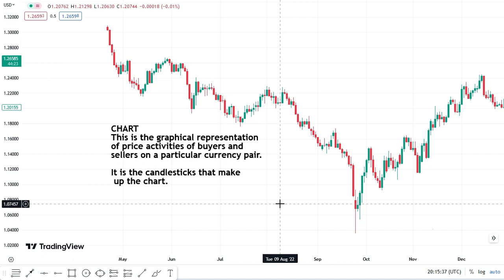When buyers and sellers are in the market trading, the candlesticks are being created because it is price that they are using to trade. So the price will be building the candlesticks, and the candlesticks all put together make up the chart itself. That is how these things are connected one to another.